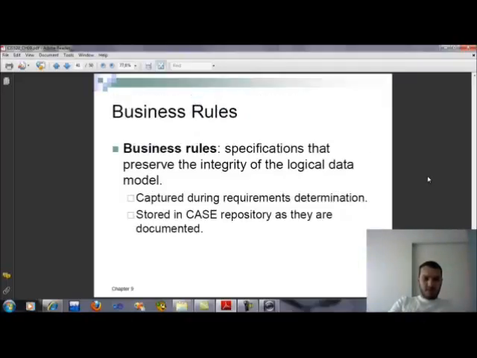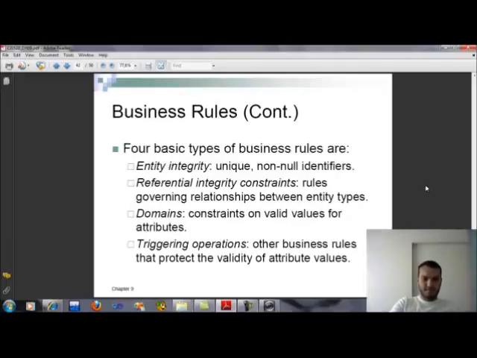Business rule. Business rules are specifications that preserve the integrity of the logical data model, captured during requirements determination and stored in the CASE repository as they are documented.